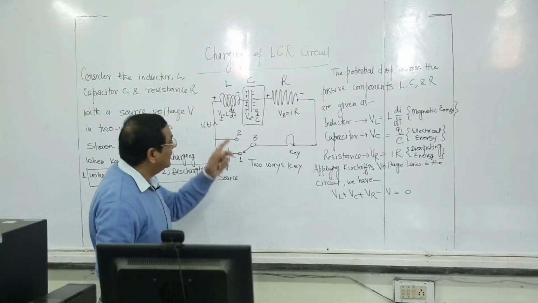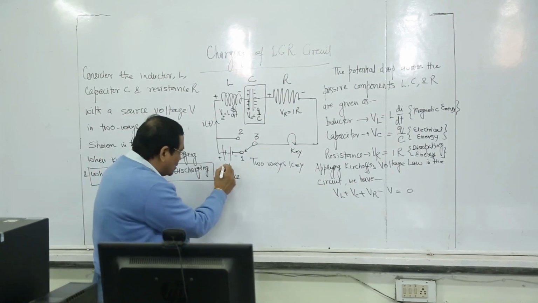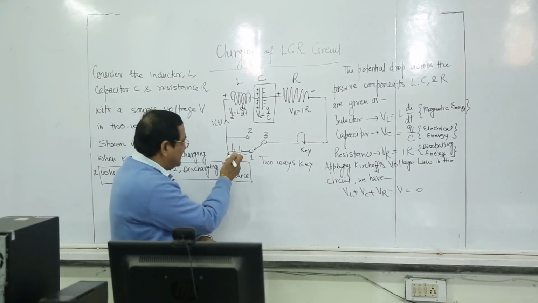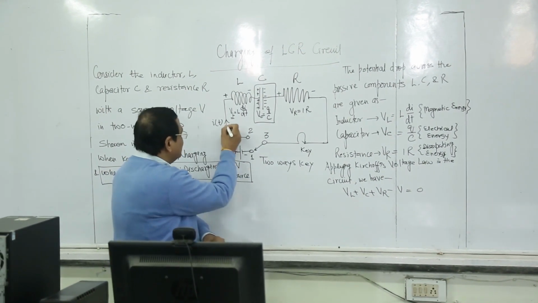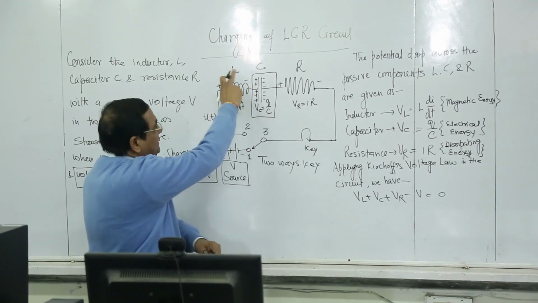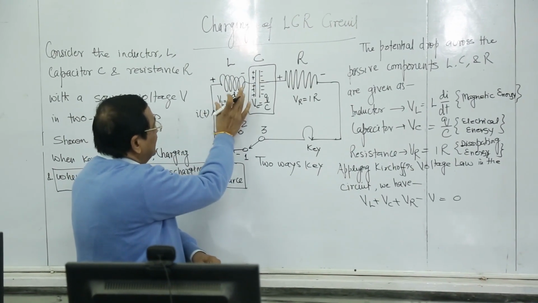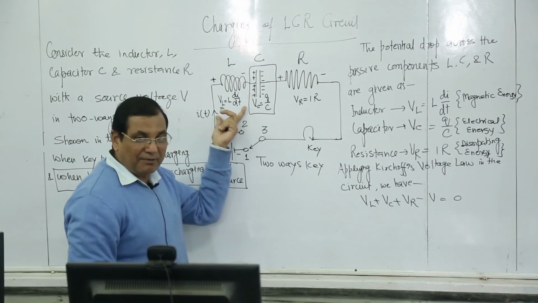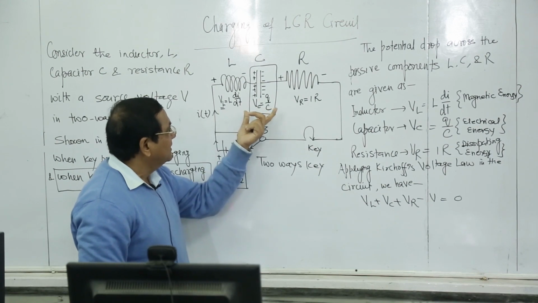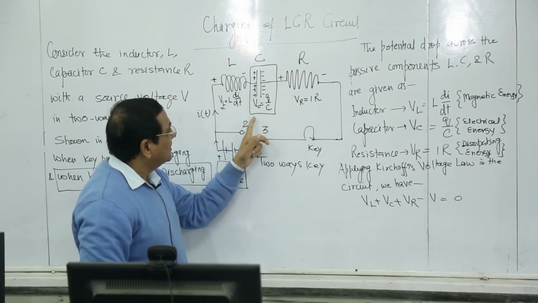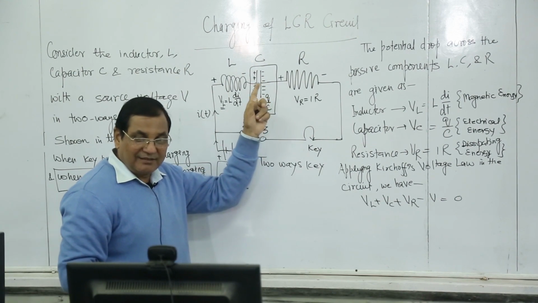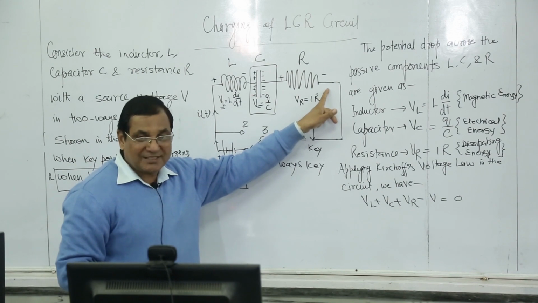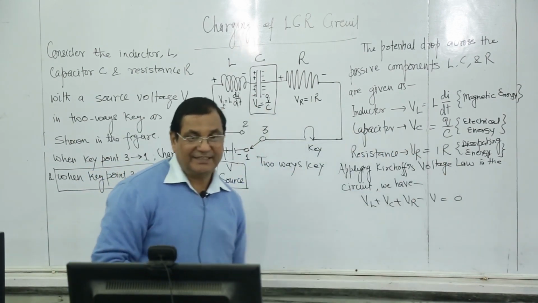So the source, which has the potential V, is the source of energy, and current flows in this way. Due to this current, the magnetic energy is stored across L, the capacitor stores the electrical energy, and this resistance is a loss medium that dissipates the energy.